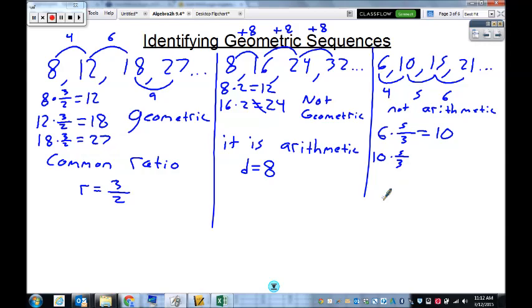Well, I can multiply 10 times 5 over 3, and I'll get 50 over 3, but 50 is not divisible by 3, so that's not going to give me 15. So it's not geometric. So for this one, it would be neither.